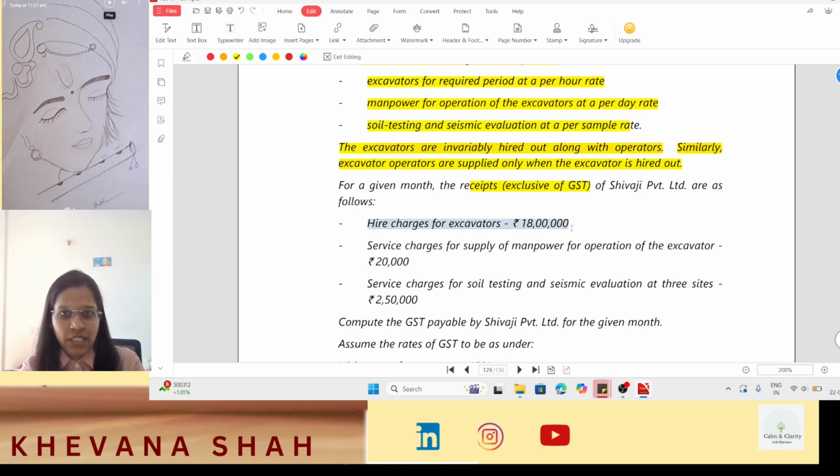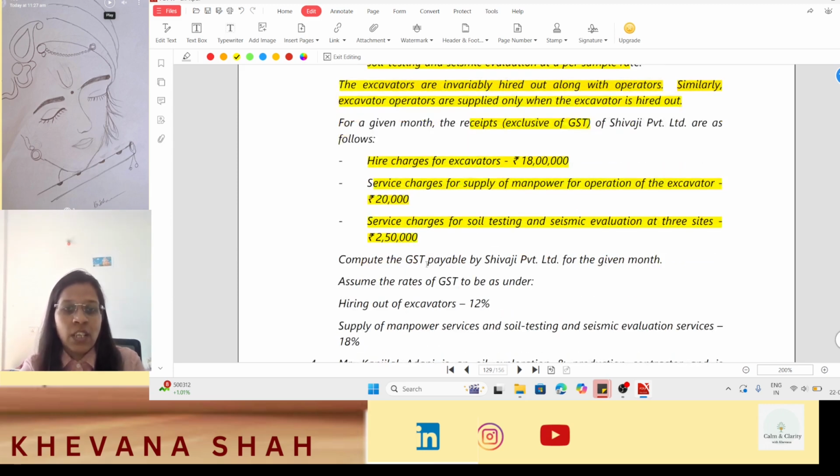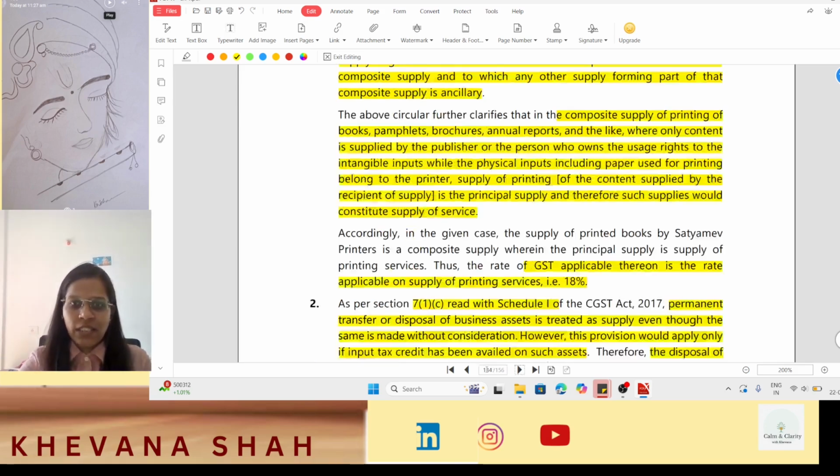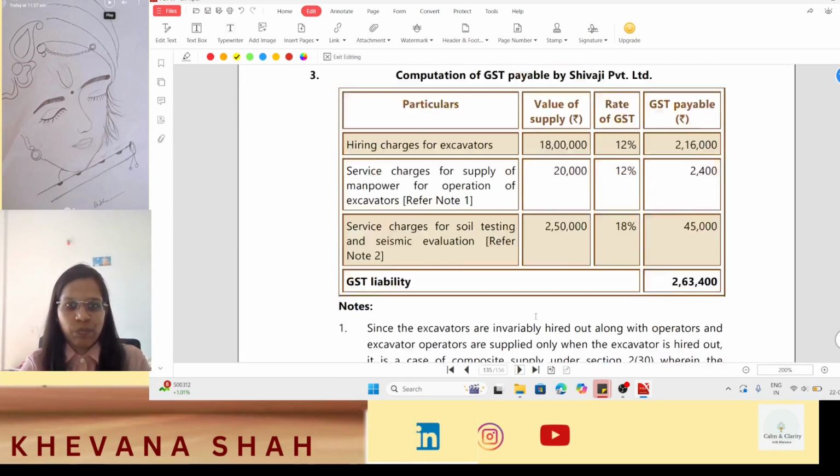Hire charges of excavators 18 lakh, service charges for supply of manpower 20,000, and service charges for soil testing and seismic evaluation 2,50,000. So you have to find out the GST payable by Shivaji Private Limited for the given month, and the rates are given. Hiring rate is 12% and supply of manpower and soil testing is at 18%. So you are supposed to calculate the GST liability for this month.